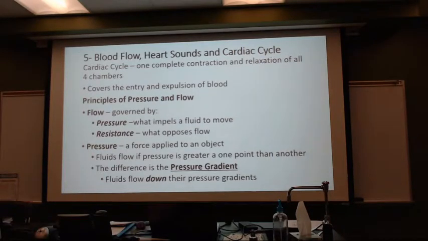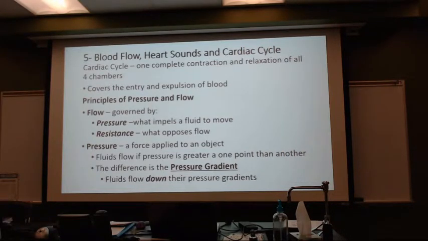So in the next part of the chapter, in looking at the heart, we're going to look at our blood flow, which we've technically looked at. We've looked at the flow through the heart, but now we've got to pay attention to what is going to be affecting that flow. We've mentioned that, of course, we're going to have pressures that are inside the heart chambers themselves.